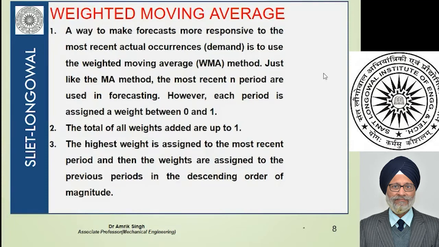From June we will go backward: May, April, and March. So we will give more weightage to the May value, then less to April, and then less to March. But in any case, the sum of all these weights should not be more than 1. We'll also see one example of this, so it will make you clear.